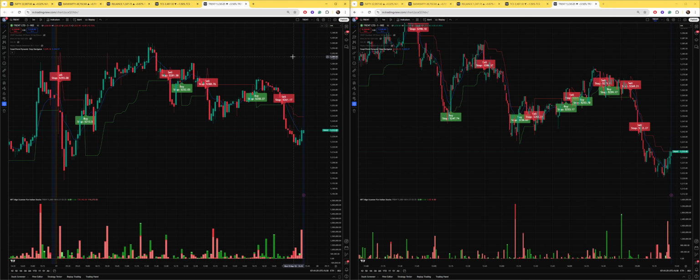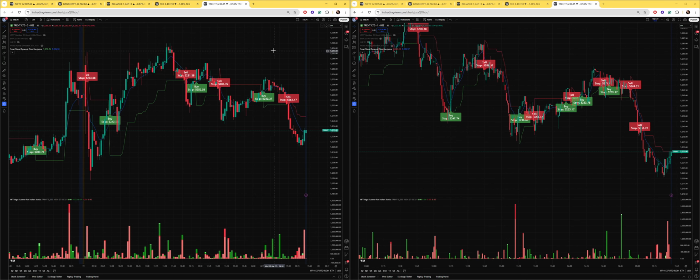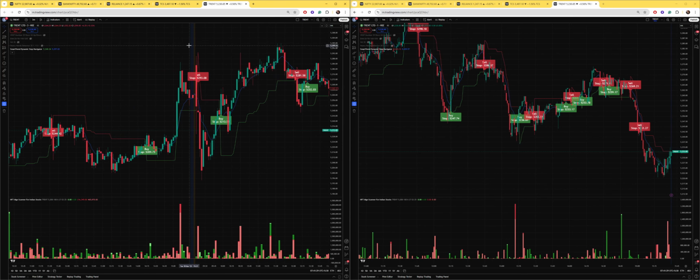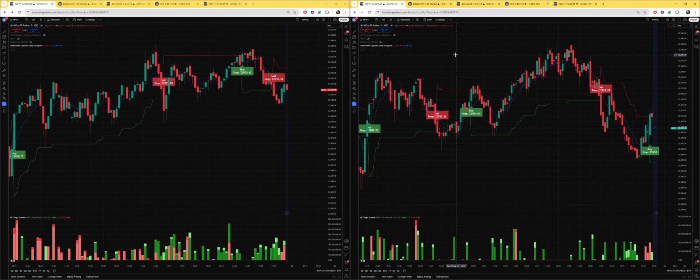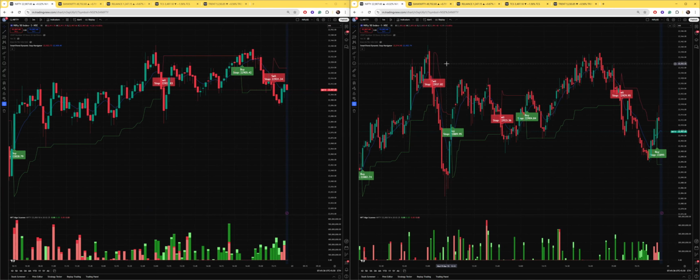Now no setup is perfectly perfect, but as I have shown you, with high accuracy you can capture the moves. And I'll be coming up with more indicators in the future.